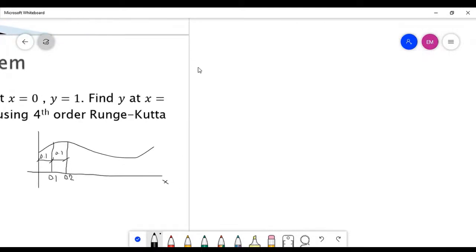So, from the formula, y of x0 plus h is equal to y0, or the initial given, plus 1 over 6 of your K1 plus 2 K2 plus 2 K3 plus K4.